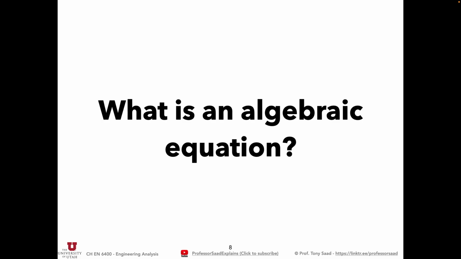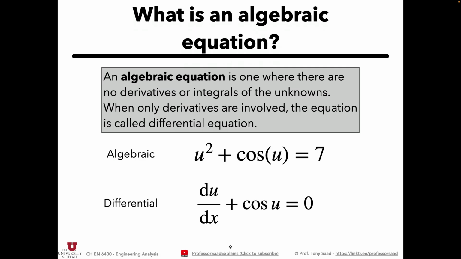It's a differential equation, or integral equation, or integro-differential equation. Anything that's not that, we generally colloquially call an algebraic equation. It's one where there are no derivatives or integrals of the unknowns. When derivatives are involved, the equation is called a differential equation.